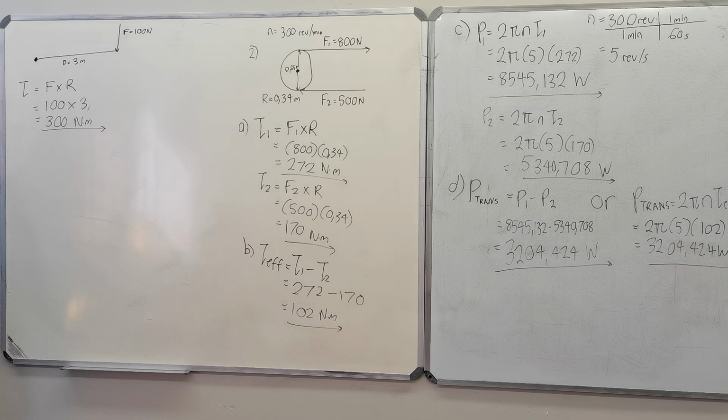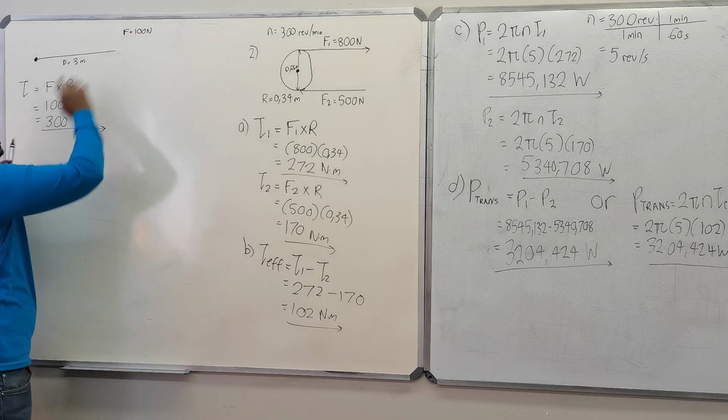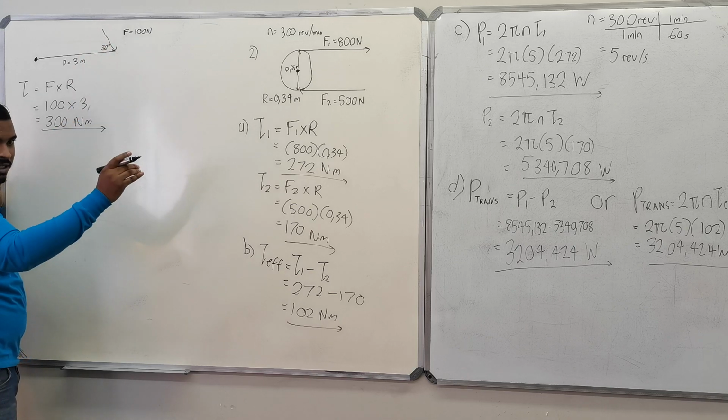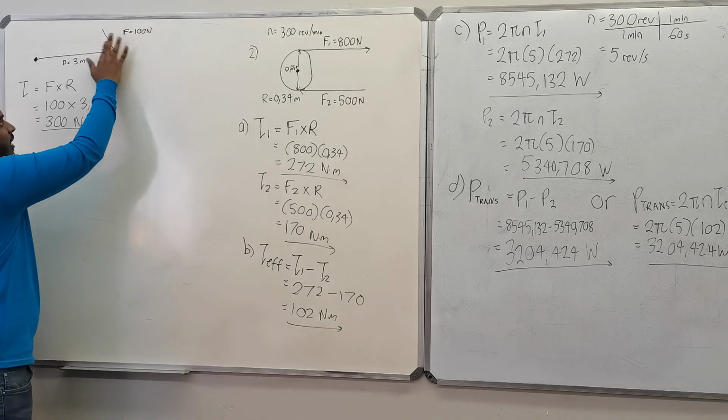Okay, wait. Calculate the work done when the nut is turned through an angle of 30 degrees. It's not when the force is being applied at 30 degrees. If I said the force is being applied at 30 degrees, it means that this force is being applied at 30 degrees. But that's not what I said.